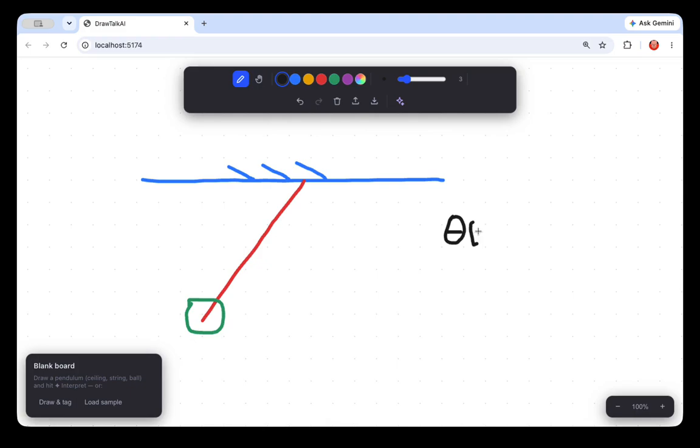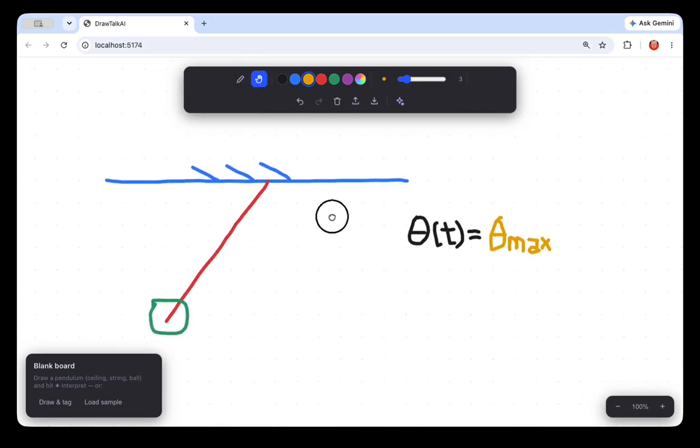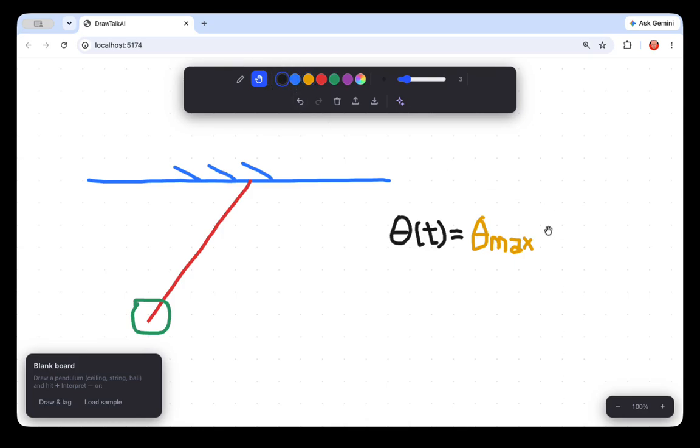So I'll say theta t equal to theta max, to be the maximum angle, cosine two pi t over capital T.